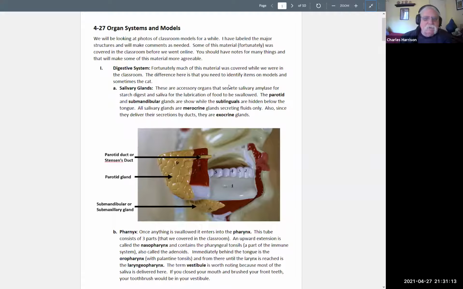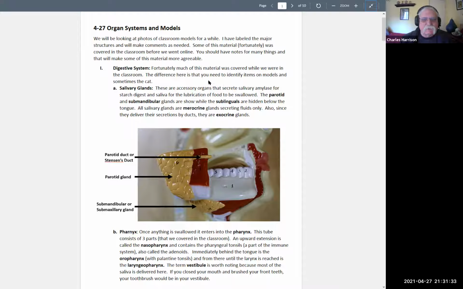Okay, so here we are starting with the digestive system, which we've already covered in theory, and we even had tests on it. But now you're going to be asked to identify certain structures and not forget their functions as well. Okay.